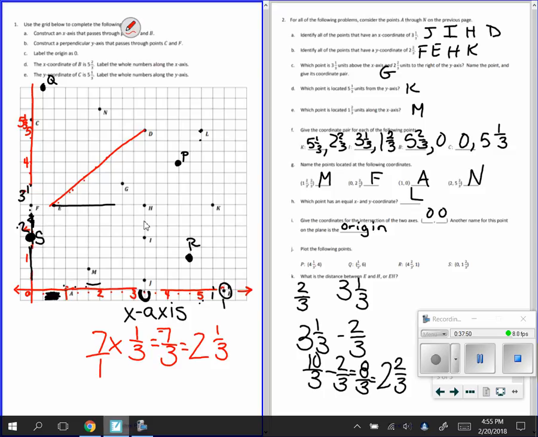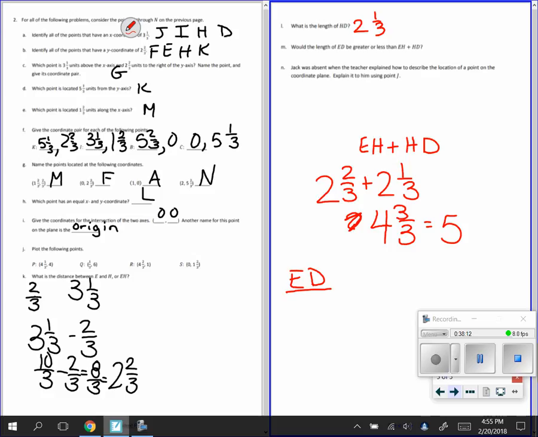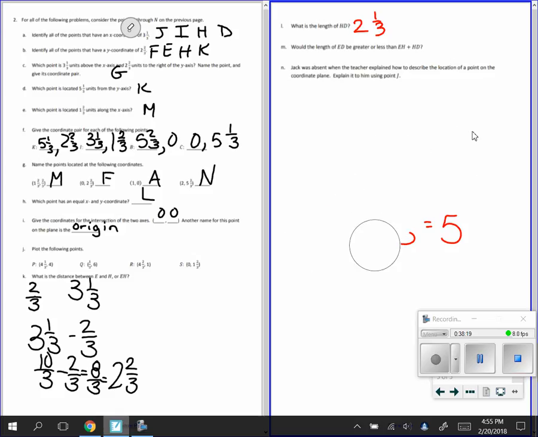I don't even know how they would figure out ED. So we're just going to not do that question. Anyway, they say less. And it's a weird diagonal.